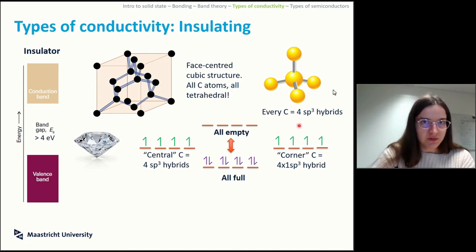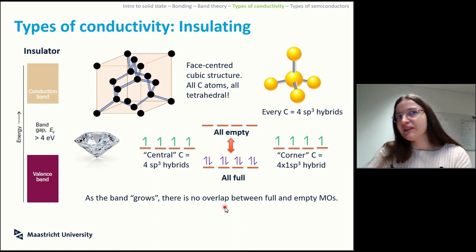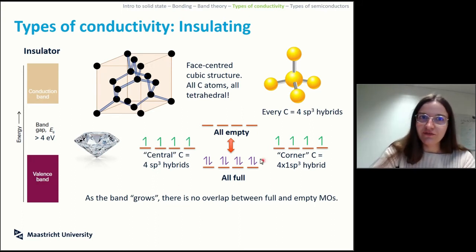The more atoms you put in this arrangement, the more this gap in between, given the differences in energy between your atoms, the band grows. So you have a lot of full states down here, a lot of empty states up here, but the space in between grows.